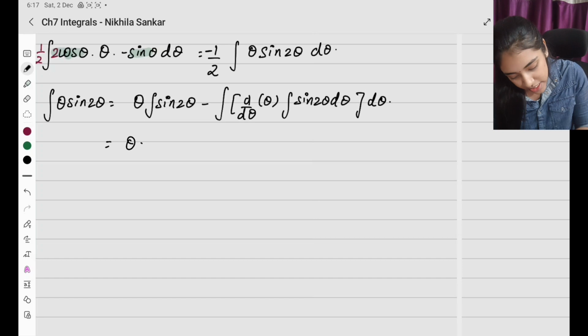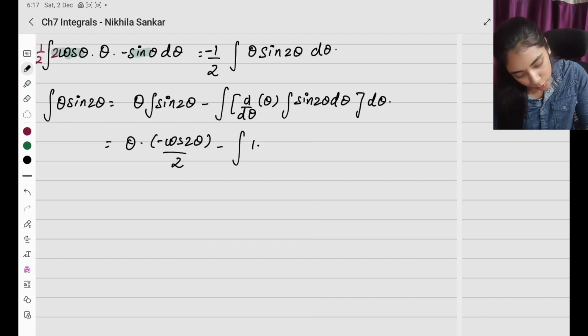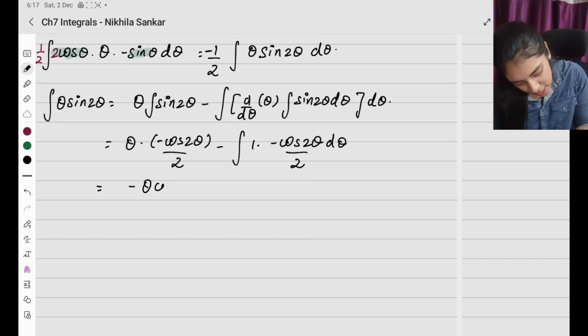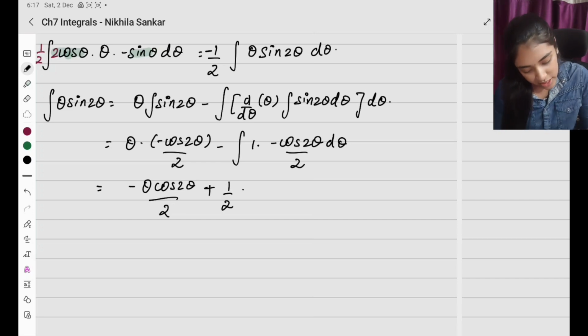So theta times minus cos 2 theta divided by 2, minus the integral of 1 into minus cos 2 theta divided by 2 times d theta. This is minus theta cos 2 theta by 2, plus half the integral of cos 2 theta, which is sin 2 theta divided by 2, plus c.